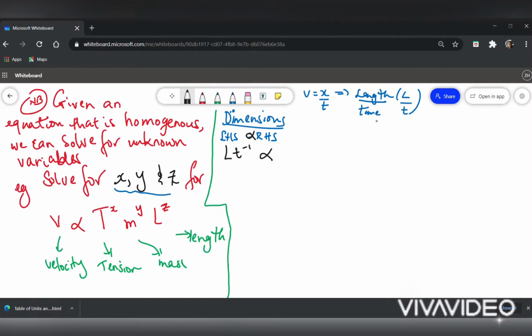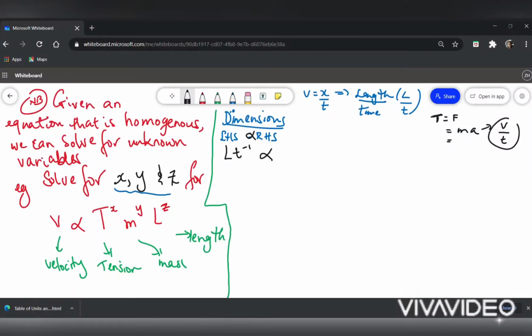Our right-hand side, this is tension. Please remember, tension is still a force, and a force is given as mass by acceleration. Keep in mind, mass is our basic quantity. Acceleration is really velocity over time. See where we're getting at it? So, of course, at this point, we know velocity is length per unit time. So what do we get?